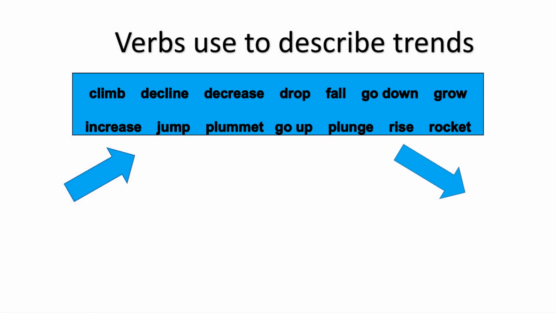On this slide, you can see many other verbs that can be used to describe the upward and downward trends. Pause the video and write in your notebook the words used to describe upward and downward trend in two separate columns. When you are done, play the video and check your answers. Remember, when you describe the graph in the past tense, you must change all the verbs into the past tense.